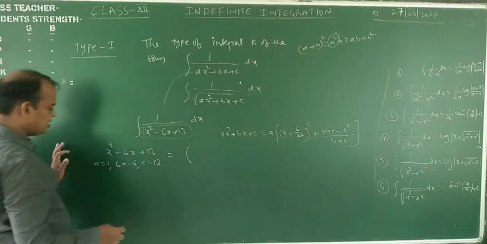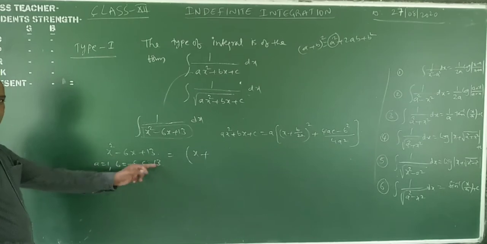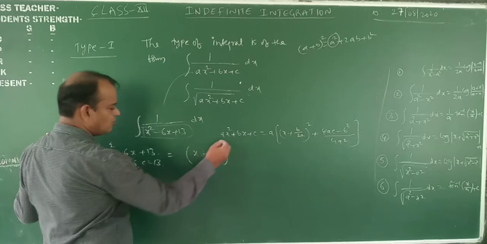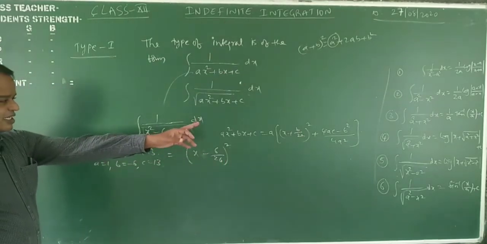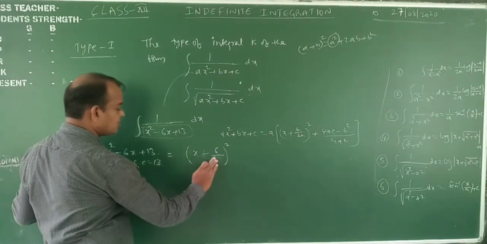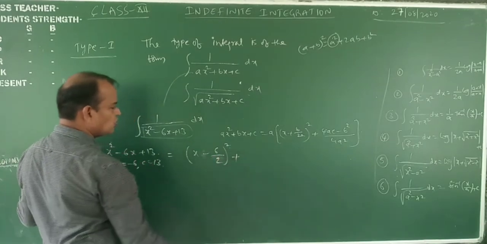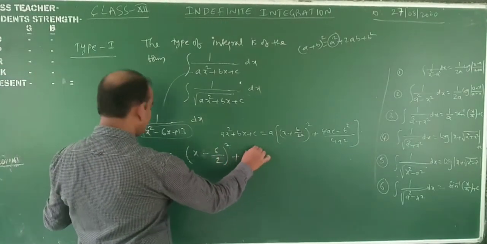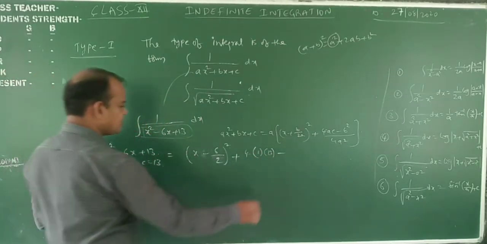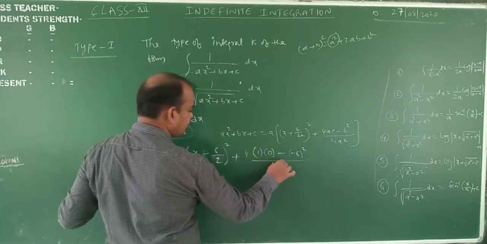So x plus b by 2a, minus 6 by 2, whole square, plus 4ac, 4 into a value 1, c value 13, minus b square, minus 6 whole square, by 4a square, 4 into 1 square.